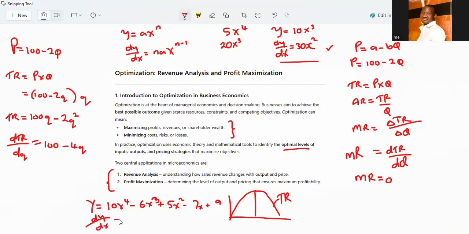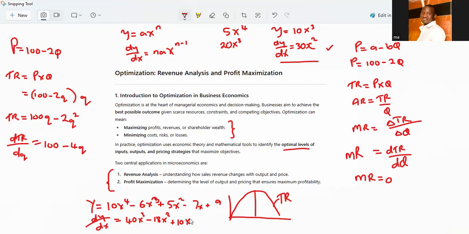What is the derivative of 10x to the power 4? 40x cubed. What is the derivative of 6x cubed? Minus 18x squared. What is the derivative of 5x squared? 5 times 2 is 10, and we subtract 1 from the power, so it will be x to the power 1.